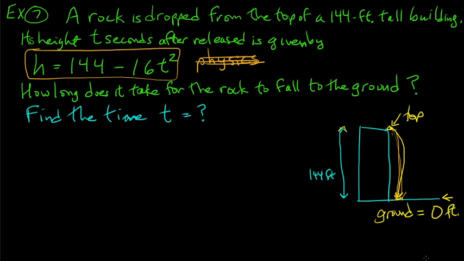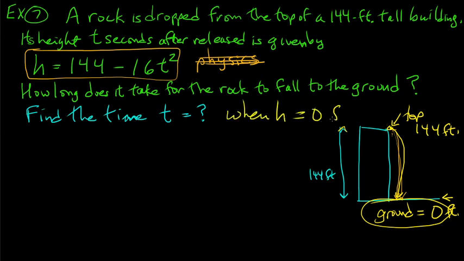If you're on the ground, you are 0 feet above the ground. If you're at the top of the building, you're at 144 feet above the ground. So here's the key. When you're on the ground, the height is 0. So we're looking for the time when h is 0, right, 0 feet.